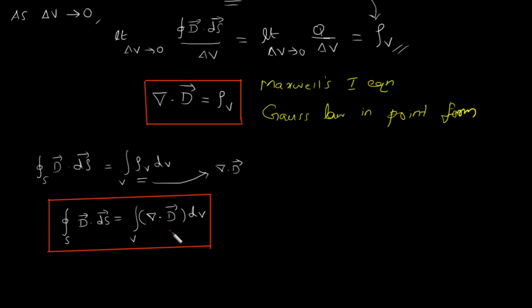Obviously that is the same, because initially we assumed that the diverging flux will be equal to the total flux coming out of the surface. So this is in turn Q equal to psi. This is the idea of Q equal to psi, this is the idea of del dot D equal to rho v, and this is the idea of closed integral D dot dS equal to volume integral del dot D dv.